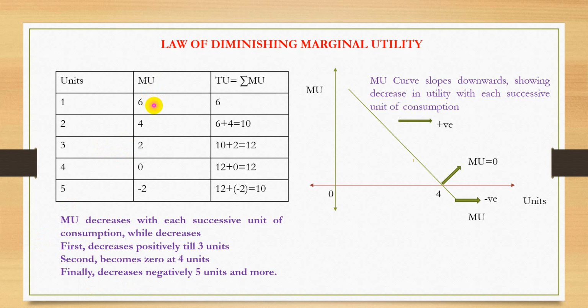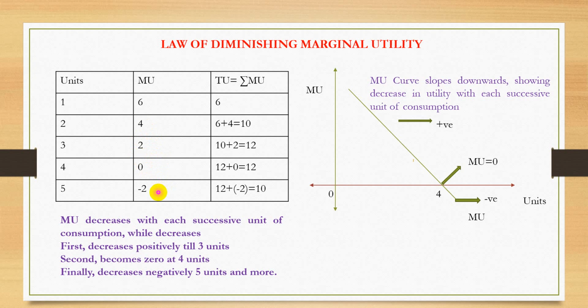Now marginal utility starts to diminish with the consumption of every successive unit of apples. Hence, the consumer gets 4, 2, 0, minus 2 of marginal utility from the consumption of the second, third, fourth and fifth units.